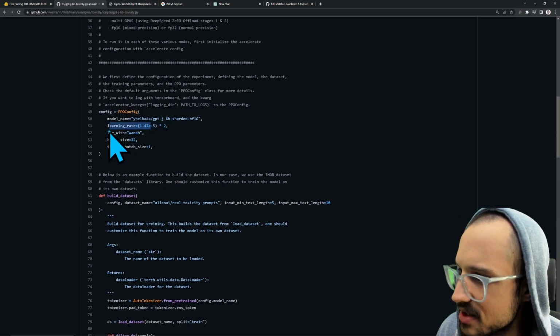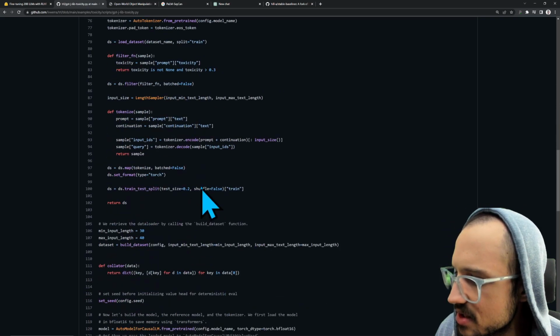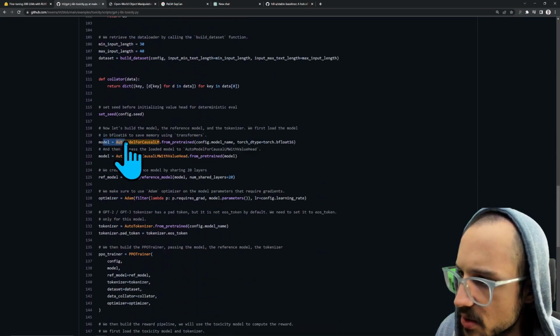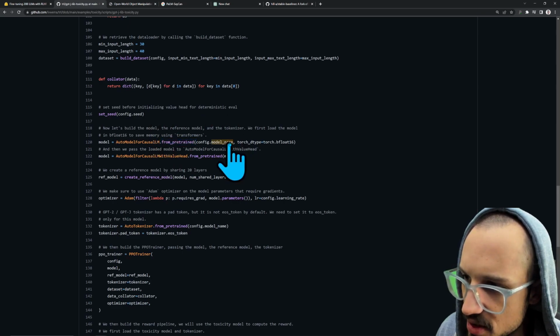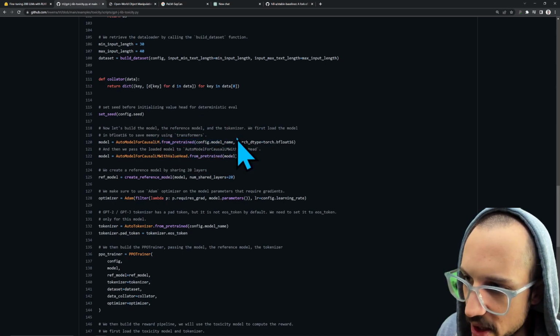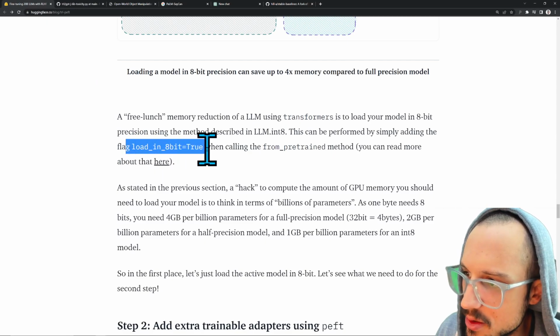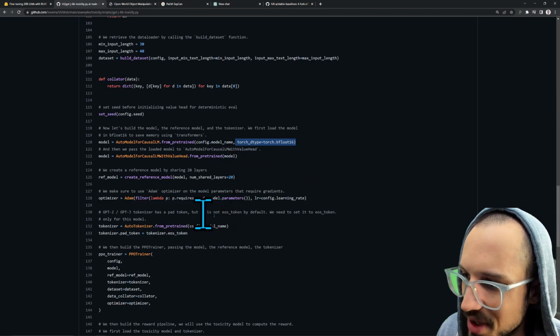Wandb is Weights and Biases. Input max length, build dataset, collator, and here you go. So here's where they're actually loading the model. They're calling from_pretrained, which will go ahead and grab the pre-trained model from HuggingFace. You have to give it the name of the model, and then here is where you tell it to use the bfloat16 version. So interesting that they use the 8-bit here, but in here they have the 16-bit.